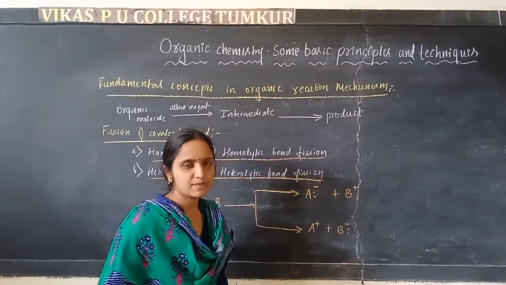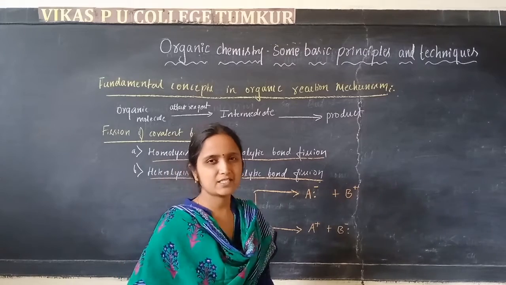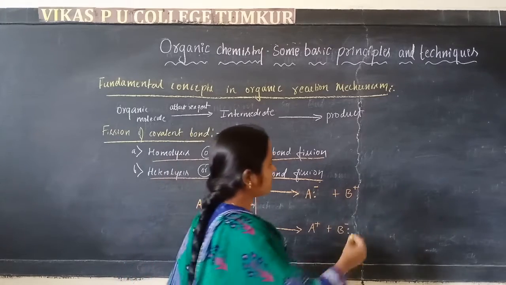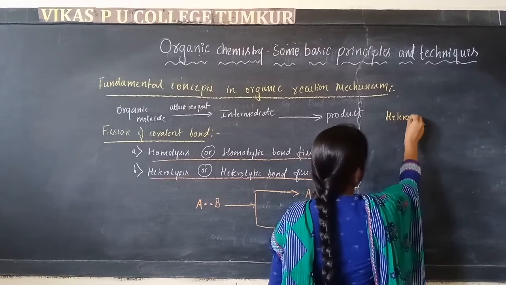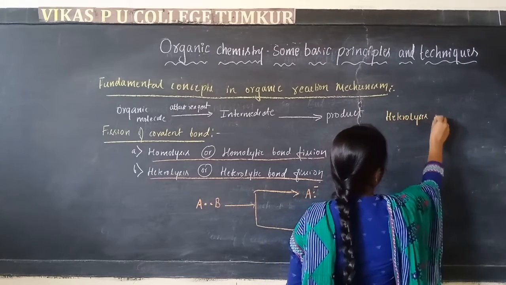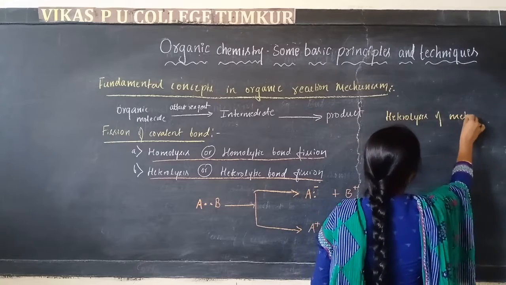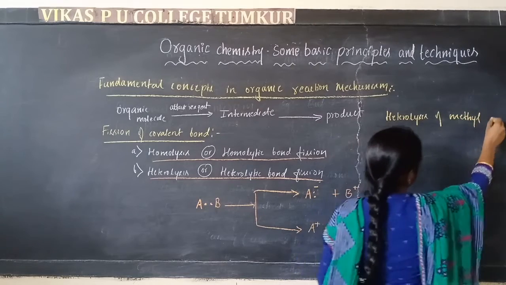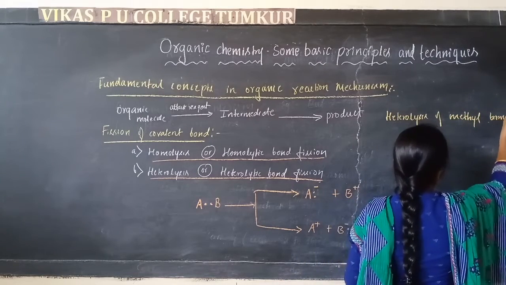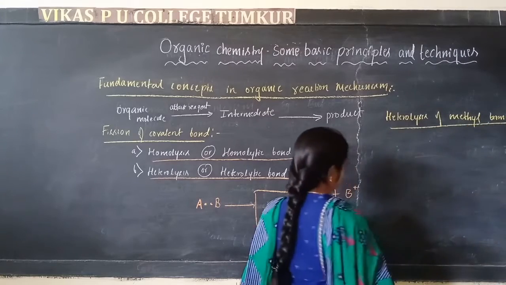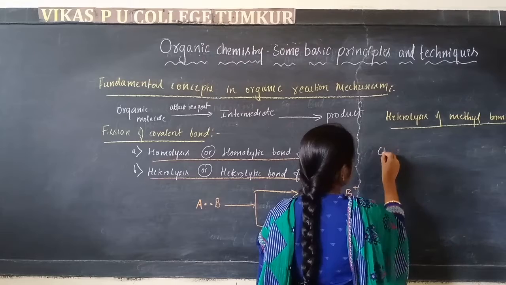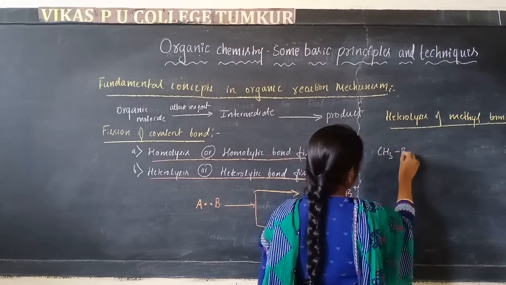In this, that is heterolysis of methyl bromide. We take an example, that is heterolysis of methyl bromide, CH3Br.